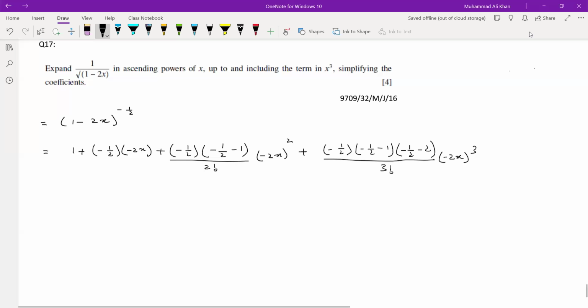Okay, here it will be 1, 2 and 2 cancel out, minus minus plus x. Solve this and use the calculator: what is the result of this fraction?